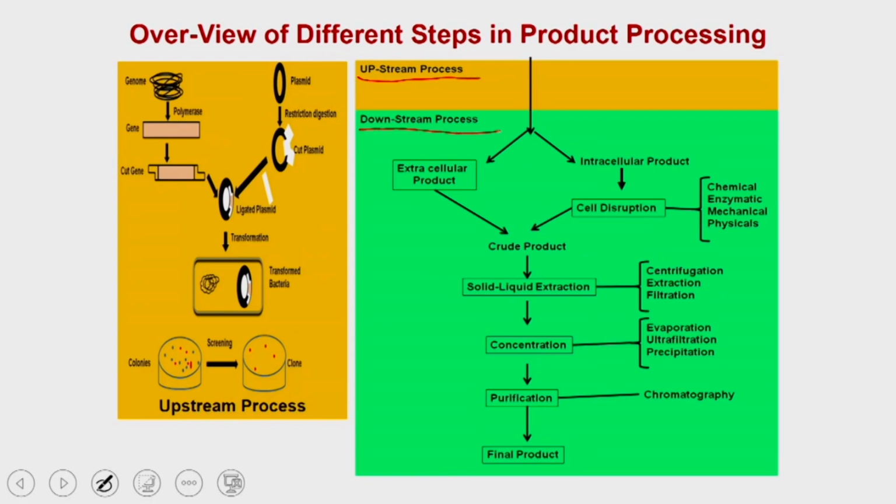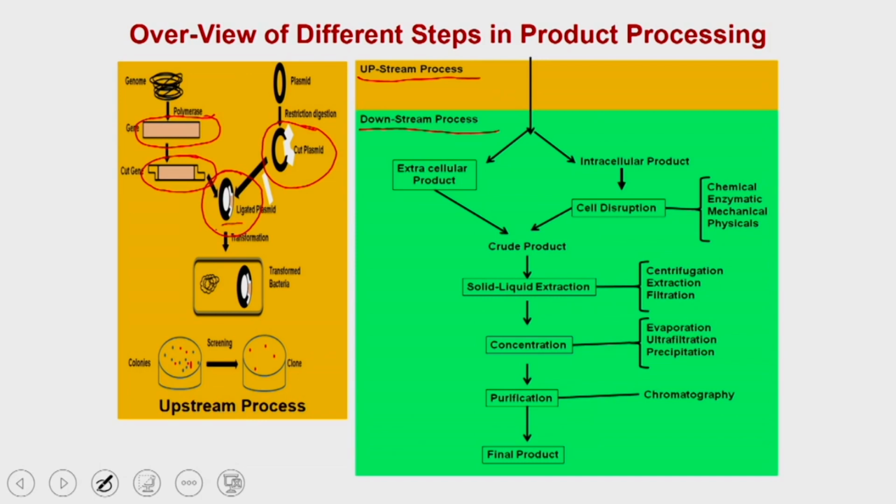Whatever we have discussed so far, which is like getting the gene from the host strain, then cutting the gene and generating the sticky ends. Similarly, you are processing the transforming agents and getting the cut plasmid, and then you are putting the gene as well as the cut plasmid to generate the recombinant clone.